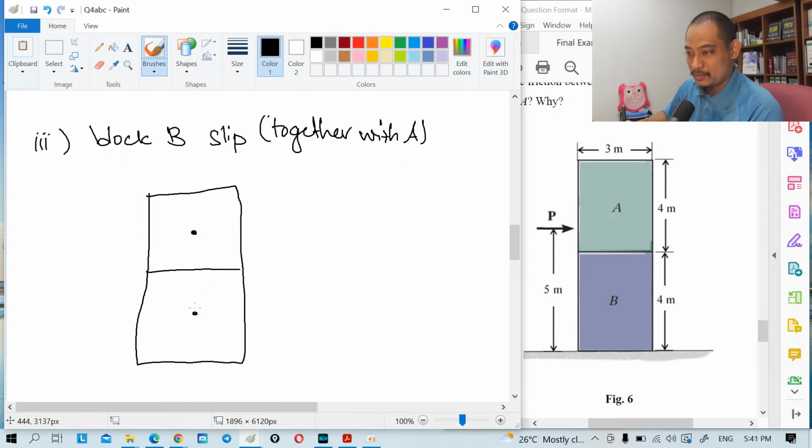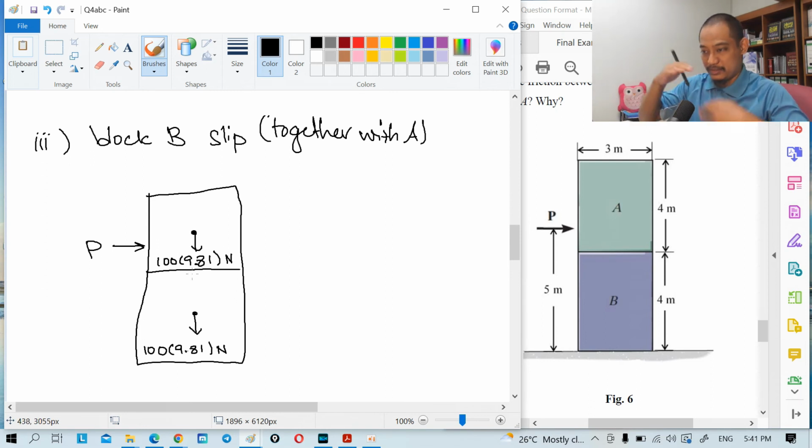So we have 100 times 9.81 Newton here for block A, and also 100 times 9.81 Newton here for block B. That's the weight. The force is here, because we consider that the movement is here first, meaning that between these it's still attached. So this is slip.